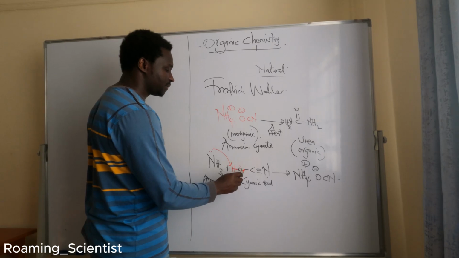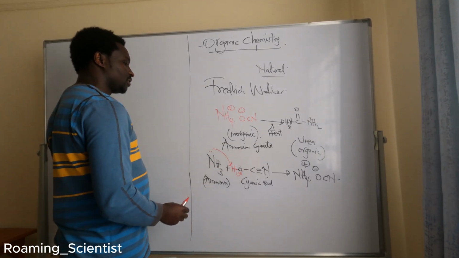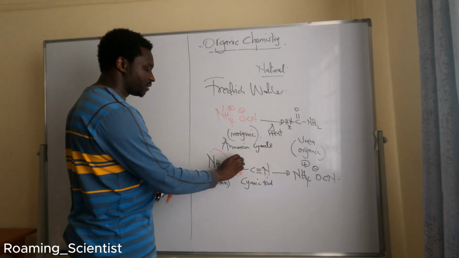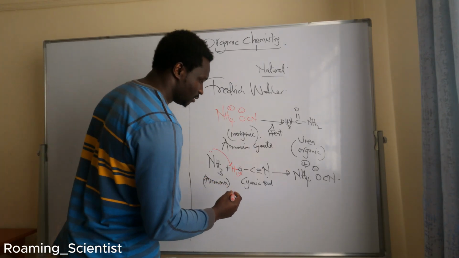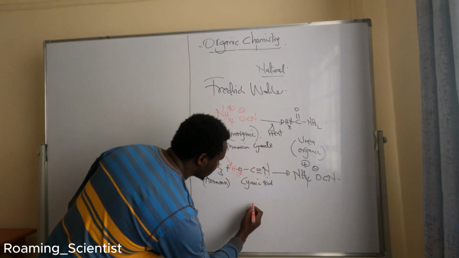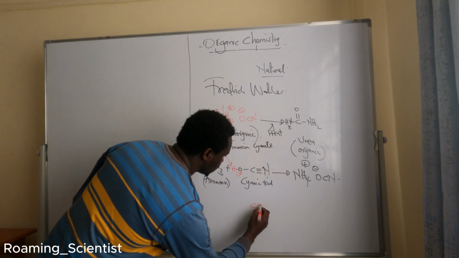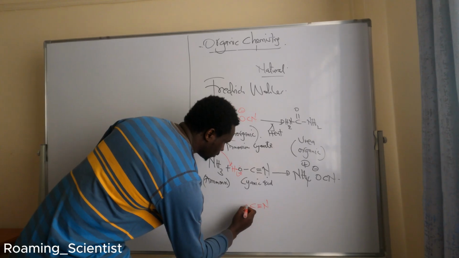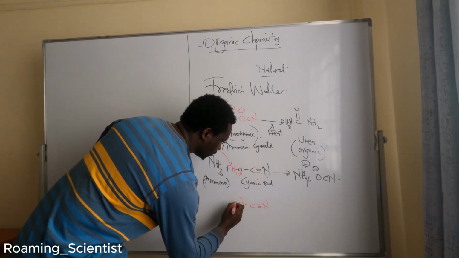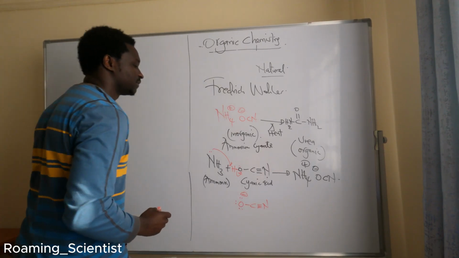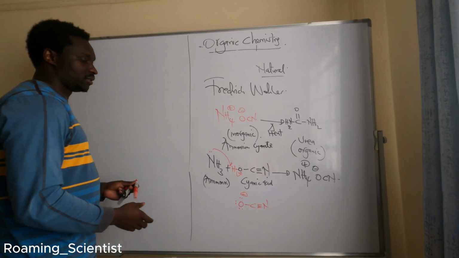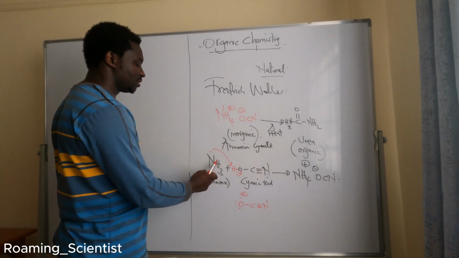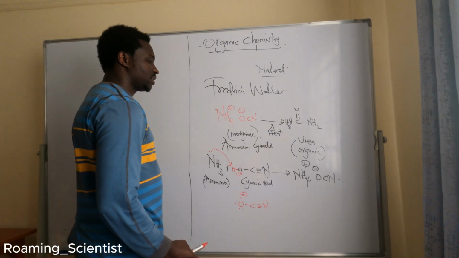So the electrons from this bond will be deposited on the oxygen to form an intermediate product that looks like that. So this one becomes negative, and because this one has been protonated, it becomes a positive NH4 ion.